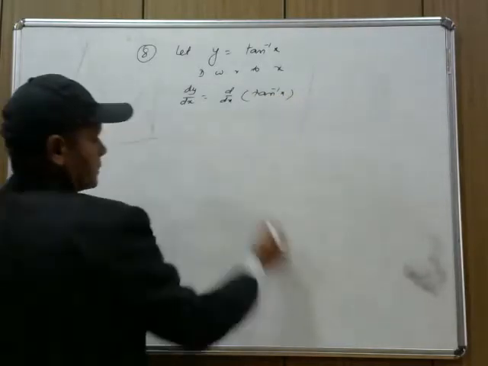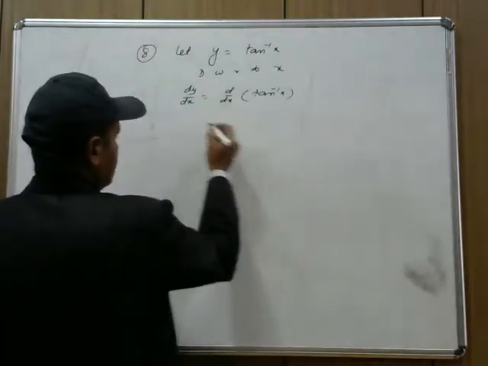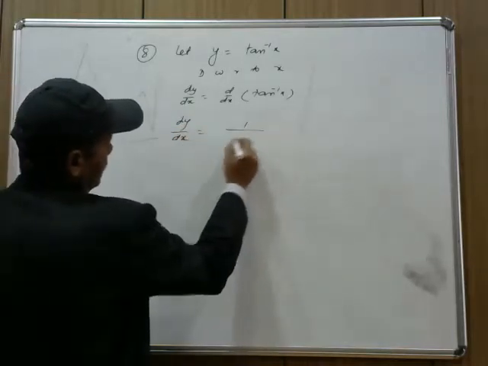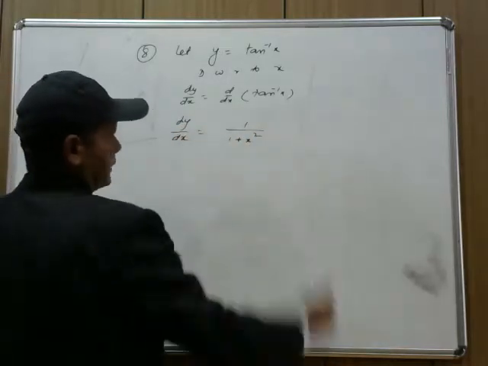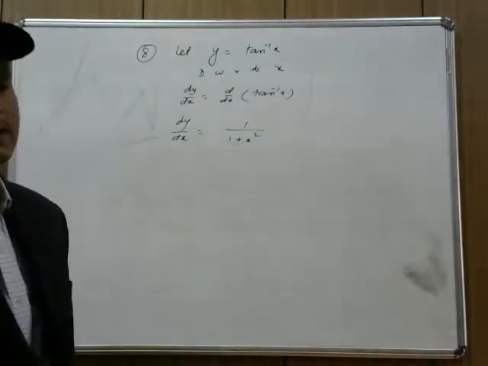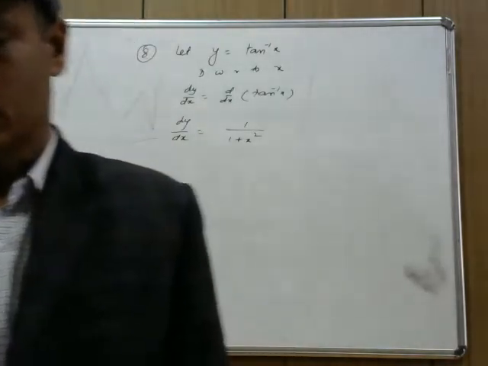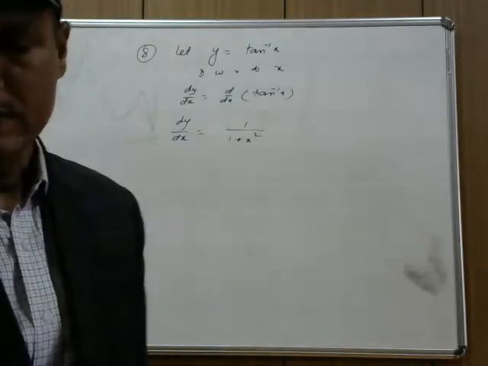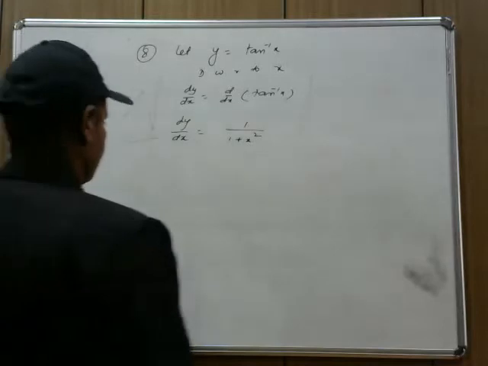Do you remember the differentiation of tan inverse x? Yes. dy by dx is equal to 1 upon 1 plus x square. The differentiation of tan inverse x is 1 upon 1 plus x square. Right? Now differentiating again with respect to x.